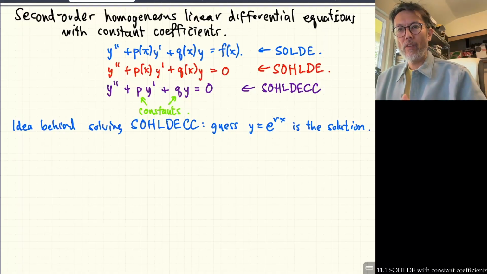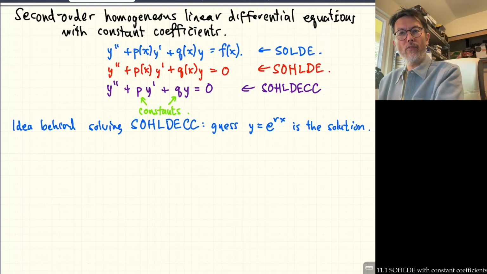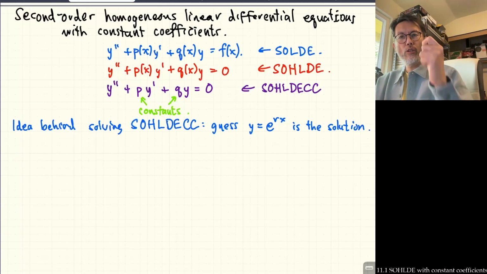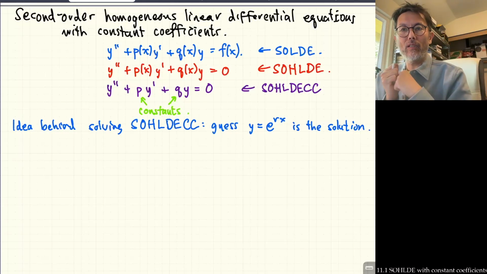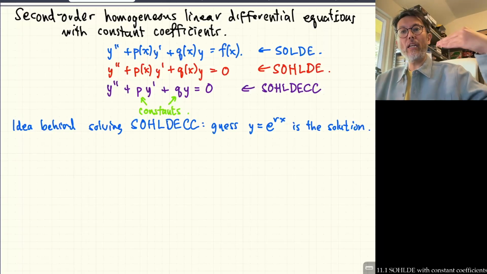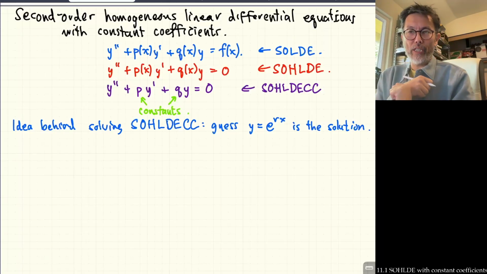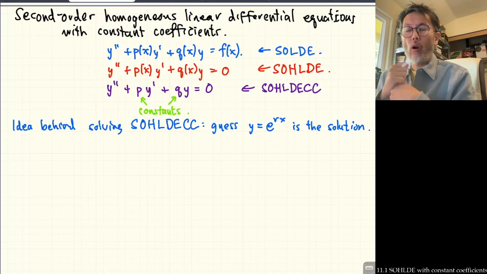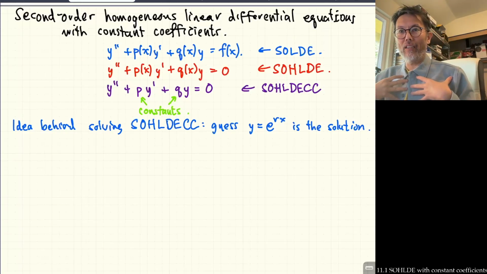But remember, this is partially motivated by the theory that we've seen in the past. If we can find two linearly independent solutions, then we can get the set of all solutions by taking linear combinations of those two linearly independent solutions. How we arrive at those solutions that are linearly independent is entirely up to us.